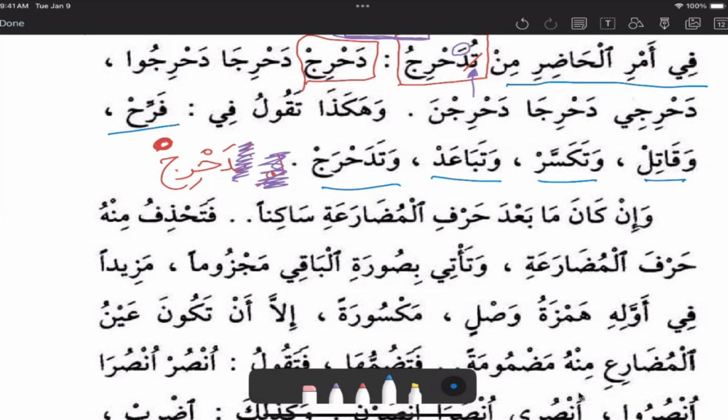And if there's no vowel after the mudari' letter, like when you say ya'lam, then that's a case.